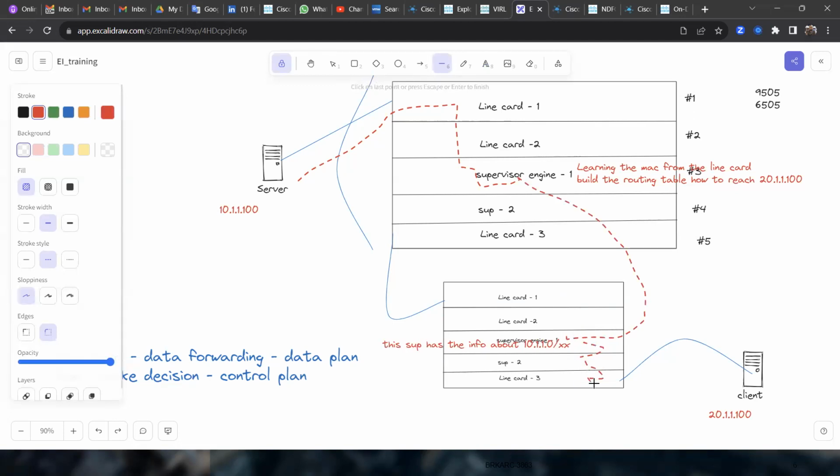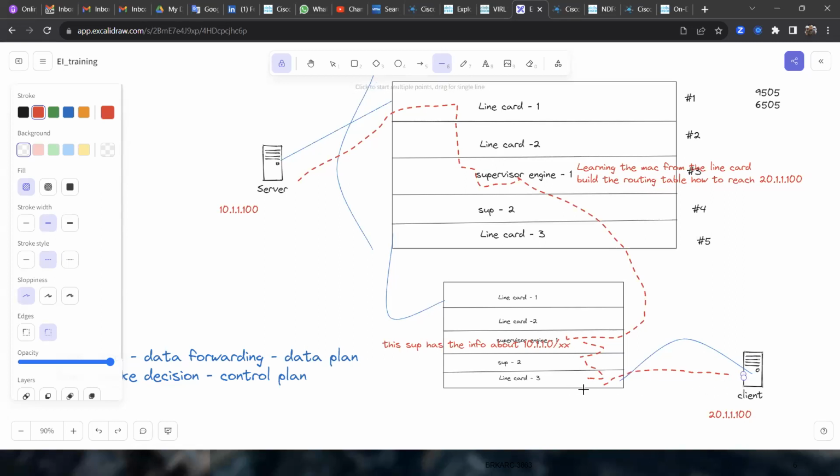This line card should know how to reach the client, and from this line card the query will reach this particular client.